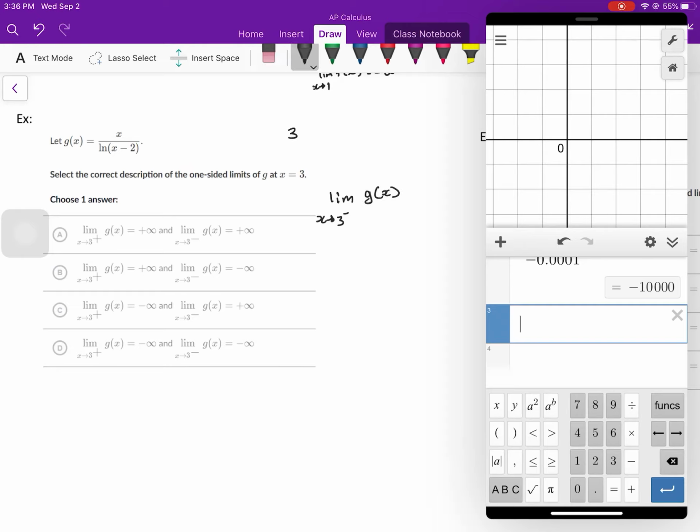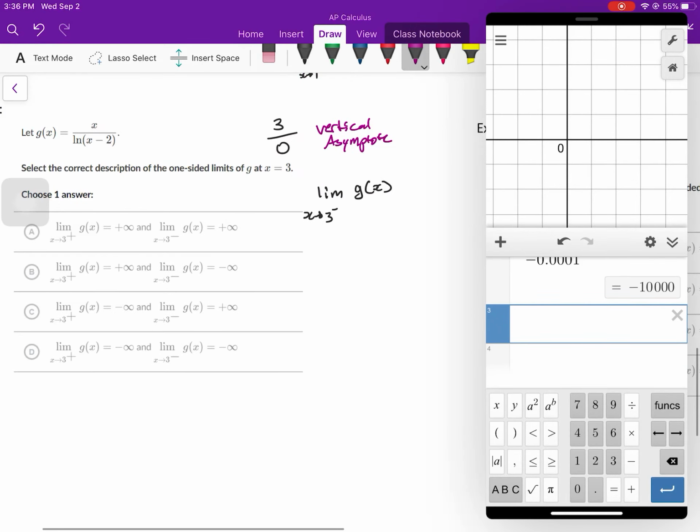Once you've identified that we have a number over 0, which is what would happen here, right? If you plug in a 3, we would get 3 over natural log of 1, so a number over 0. So you're like, okay, this is a vertical asymptote. So we're going to test it from the left and the right. I'm going to plug in a number really close to 3 from the left, so 2.9 goes in for x.